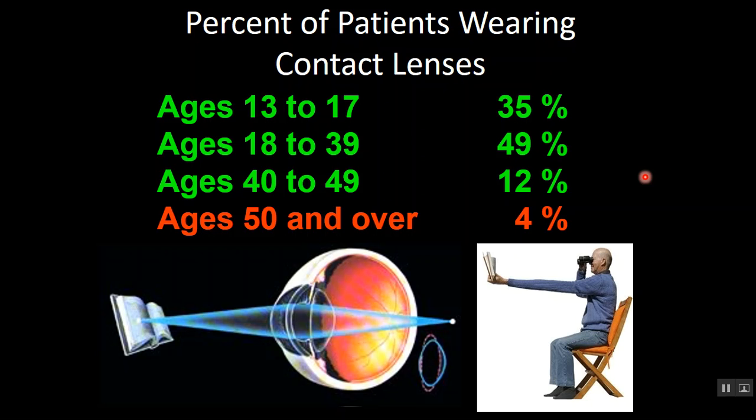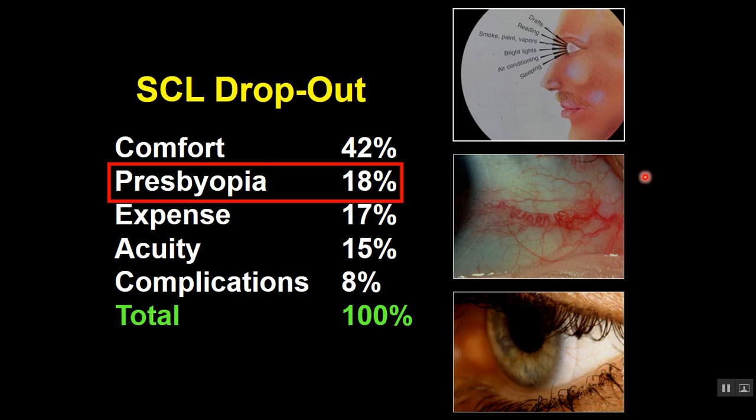But after 40, there seems to be this very low percentage, even though it doesn't change the number of myopes or hyperopes out there, the number of astigmats. So why is it that so few contact lens wearers are passing that 40-year threshold?